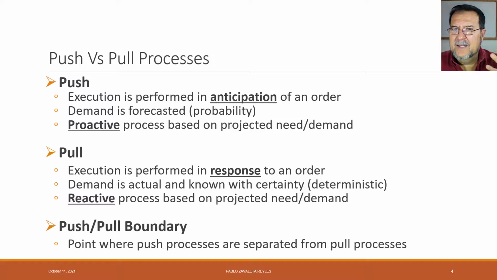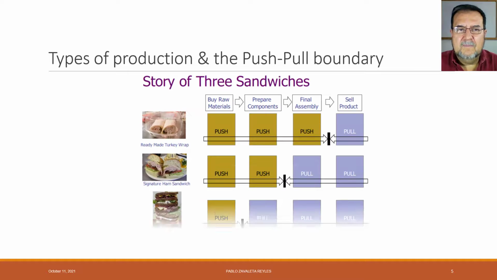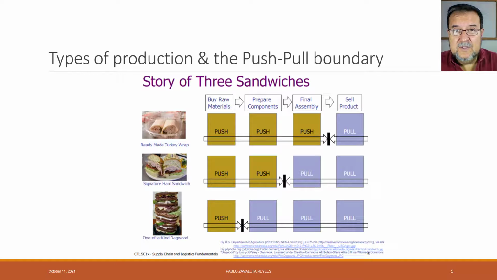This might sound a little bit odd, so let's start with an example, and I'm using here some material from a course that MIT has given. I would highly recommend the whole series of courses in the MicroMasters in Supply Chain Management. This is one graphic that I'm using from them only for educational purposes.